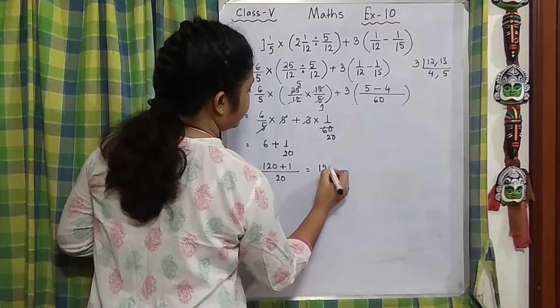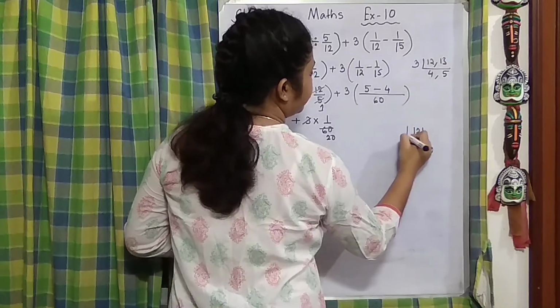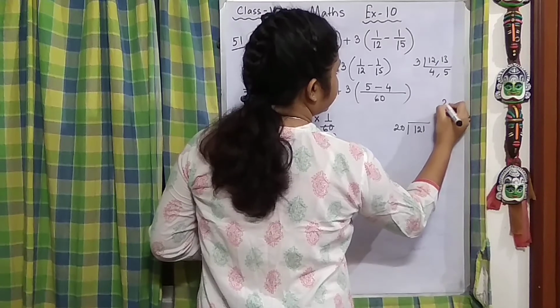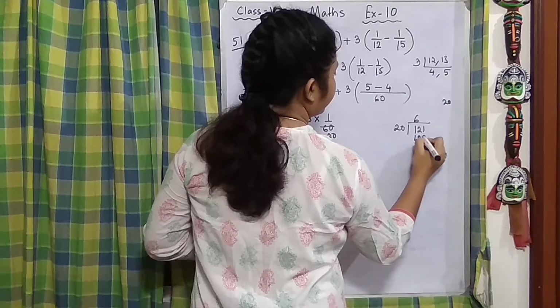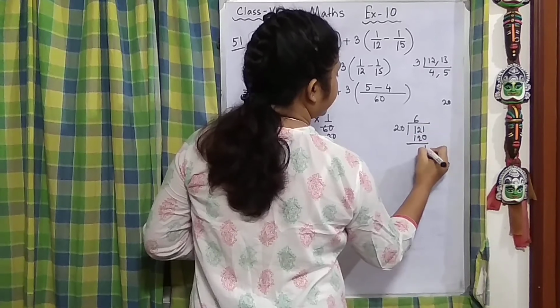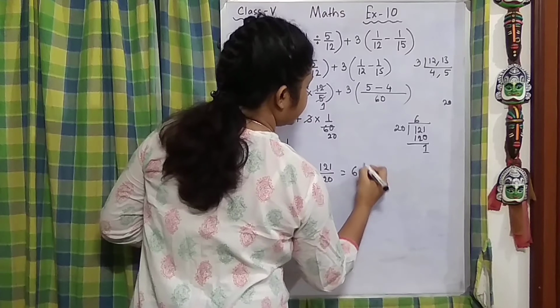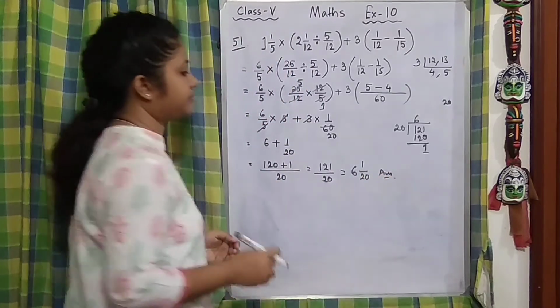So here 121 divided by 20. So 121 when divided by 20 gives what? 6 20s are 120 and 1 as the remainder. So here 6 whole 1 by 20 is our answer.